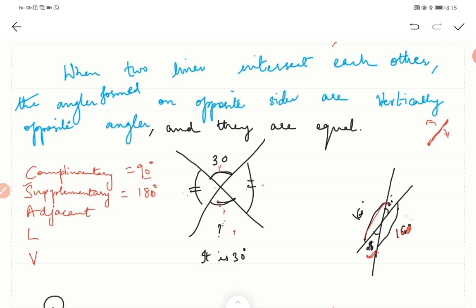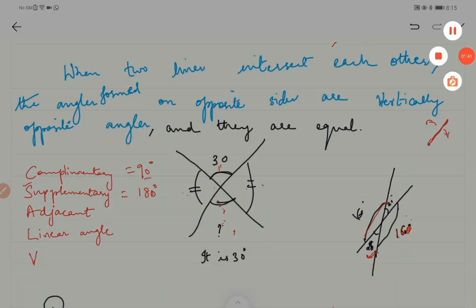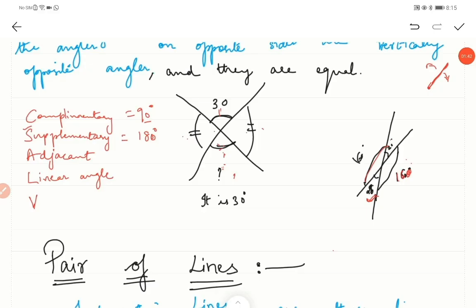After that we studied linear pair, isn't it? What is a linear pair? When you have 180 degrees for your adjacent angles.